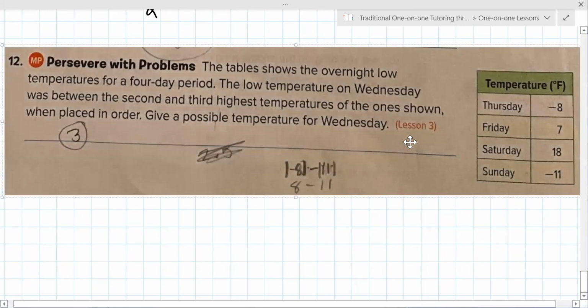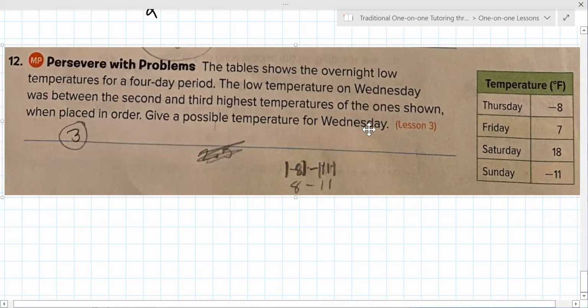Oh, wait, never mind. That didn't make sense because I just didn't read it right. It said the table shows overnight low temperatures, and the low temperature on Wednesday was between the second and third highest.